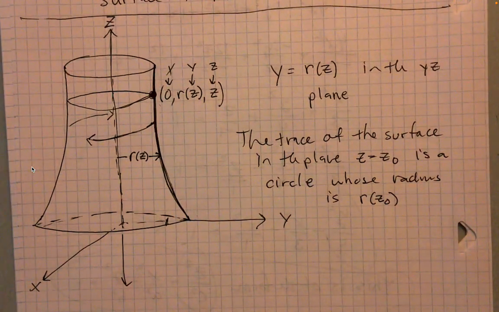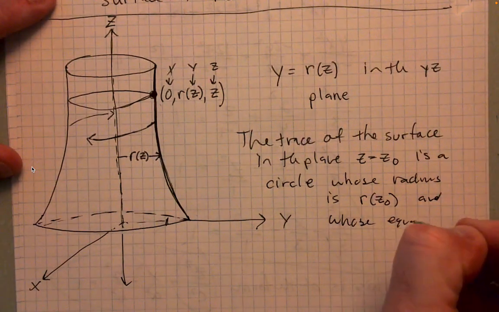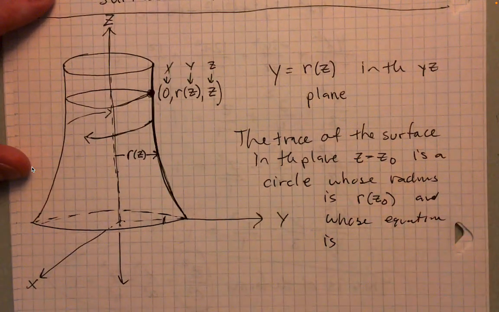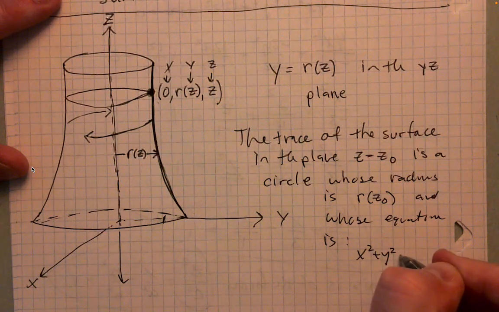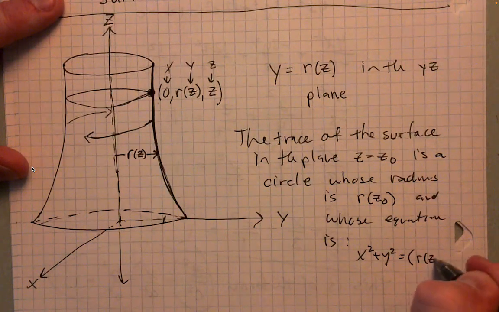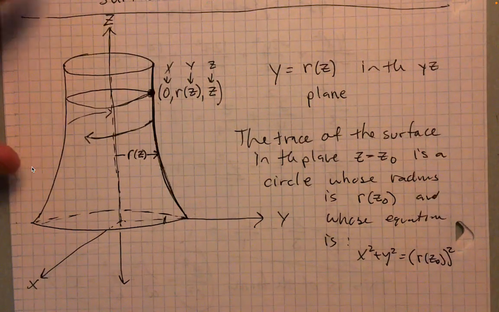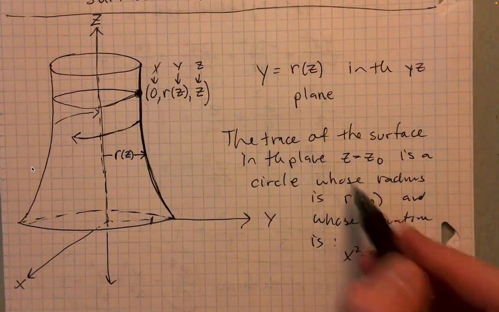So the trace of the surface in the plane z equals z0 is a circle whose radius is r of z0 and whose equation is, well, it's a circle, so the equation is going to be x squared plus y squared equals the radius squared, and the radius squared in this case is going to be r of z0 squared. Hopefully this z equals z0 plane is clear.